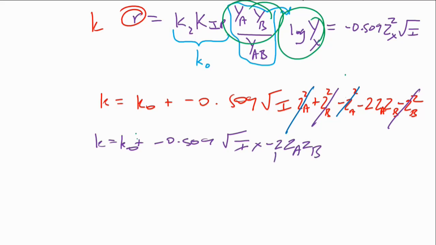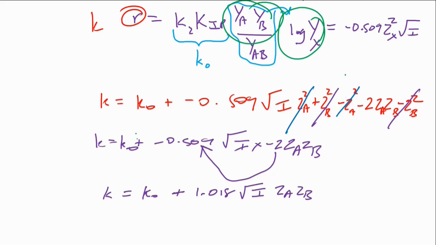This 2 could multiply that one. And because it's two negative signs, they will clash. You get a positive, so you end up with something like 1.018 root I, ZA ZB, plus K naught is equal to K.